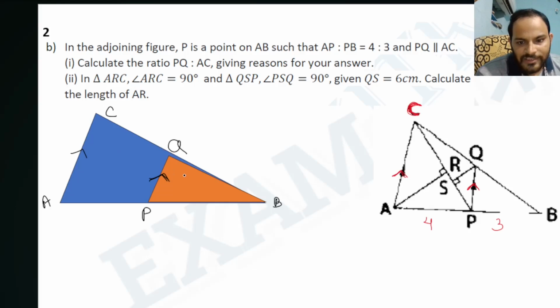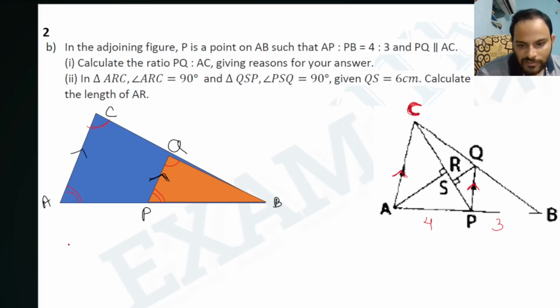Since AC is parallel to PQ, we can clearly say that angle C is equal to angle Q. Why? Because these two are corresponding angles. And similarly, you can also say that angle A is equal to angle P of triangle PQB, corresponding angles. So these two triangles become similar.